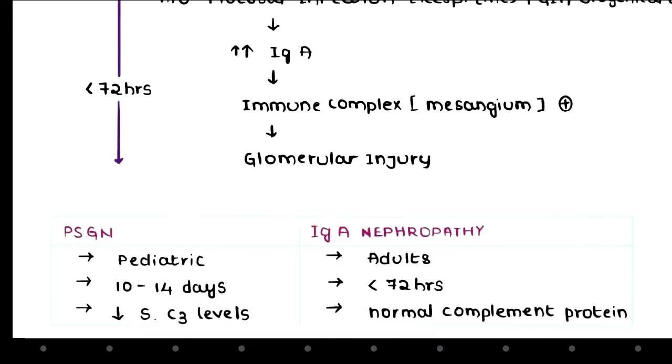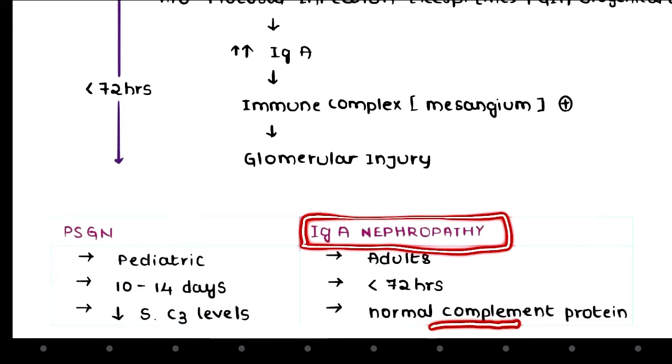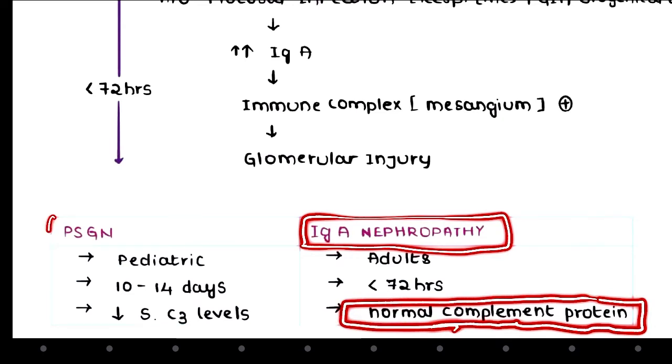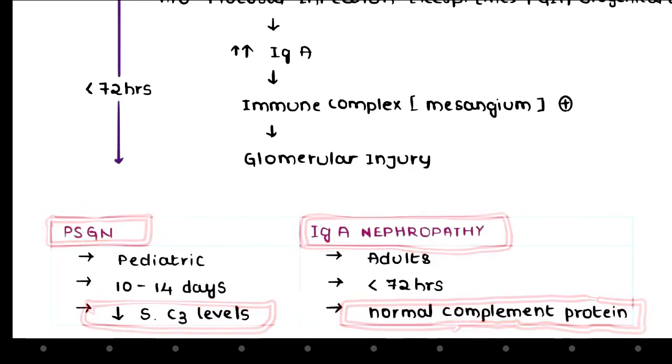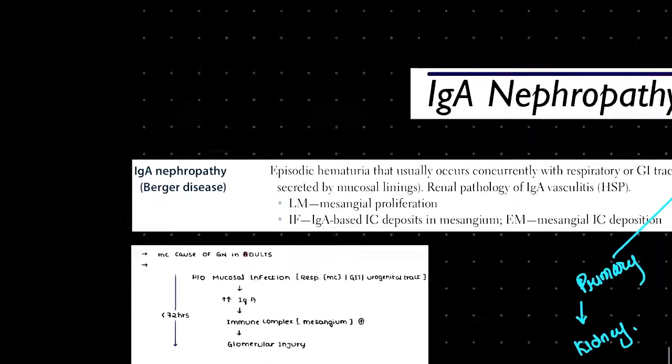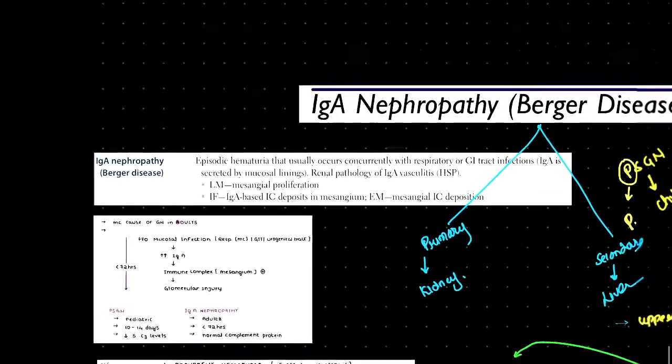Here the duration is 10 to 14 days, but here the duration is less than 72 hours. In IgA nephropathy there is an alteration in the alternate pathway, so there will not be a reduction in C3 or complement protein, but in the case of PSGN there will be reduced serum C3 level. So this was about IgA nephropathy or Berger disease.